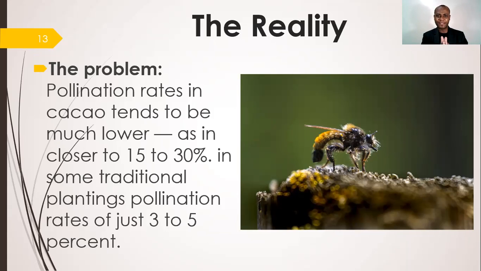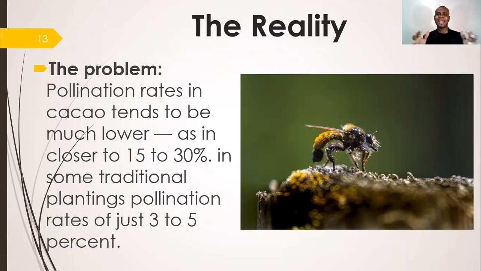So on average, on the entire tree, it's like only 20% of the flowers are going to be pollinated. Okay, and when the 12% is pollinated, not all the pollinated flowers are going to grow into pods. So a lot more, maybe more than 50% are going to fall even after pollination.